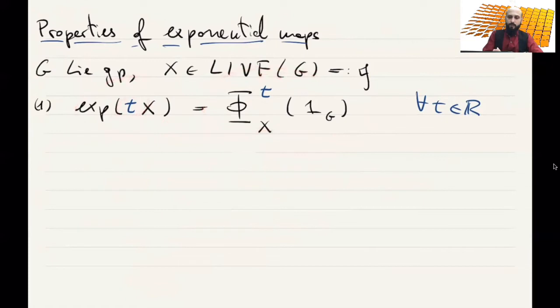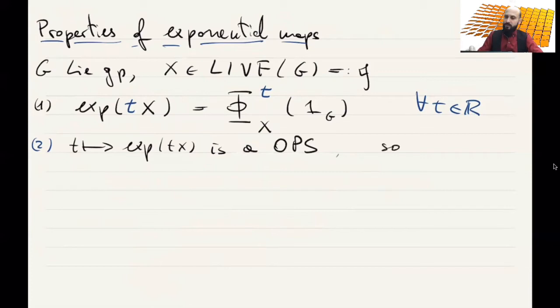And from what we said before, this means that t going to exp tx is a one parameter subgroup. In particular, let's remember that we also have that the exponential of 0 is the identity of the group. This is one more property.